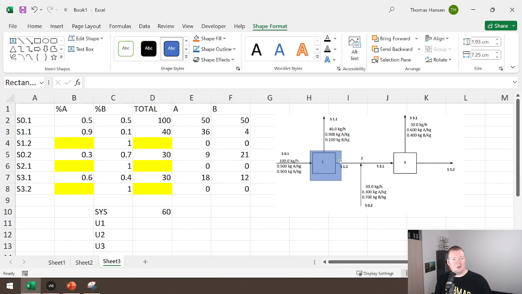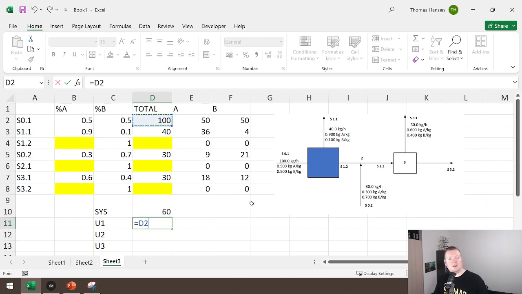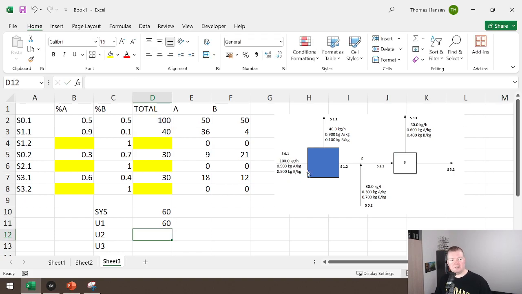And similarly, when I start to look at only the first box here, so that's my unit 1, all I know about this box is that 0-1 goes in, and that 1-1 and 1-2 goes out. 1-1 plus 1-2 goes out of my unit operation.